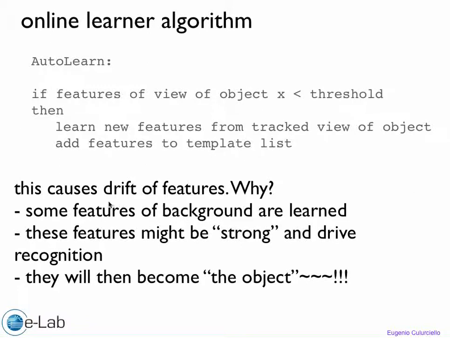This unfortunately causes some drift of features. Why? Because some features of the background are learned, and these features might become strong and drive recognition. So if you first found a face, slowly you might start picking up the background, and you have a drifting issue.